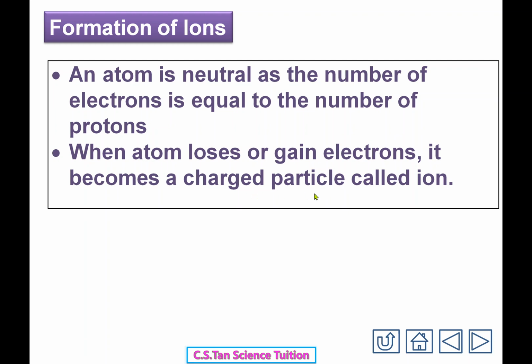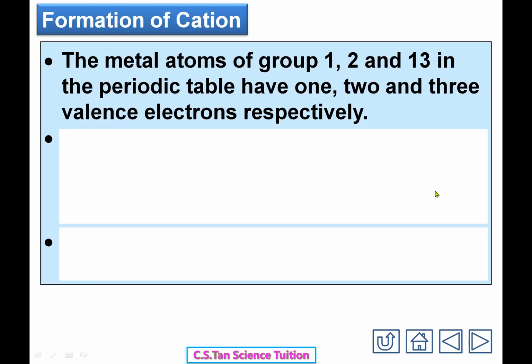And the charged particle is called an ion. So what is meant by ion? A charged atom is called an ion, positive or negative doesn't matter. Once the atom is charged, we call it an ion.